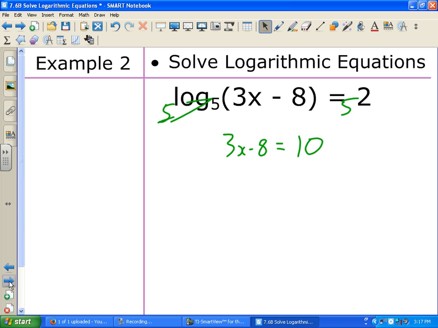Most common mistake on this problem. 5 times 2 is 10, that is correct. However, we did not multiply both sides of this equation by 5. We introduced a base 5 to both sides of the equation. By doing that, that answer is not 5 times 2, but is actually 5 squared, which is 25.